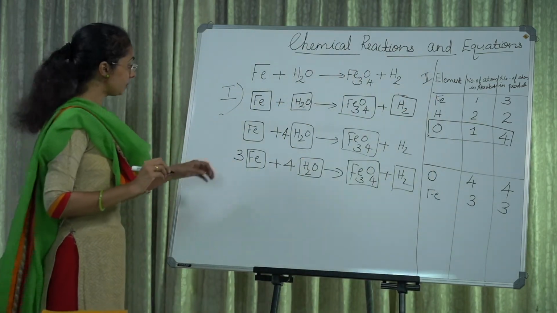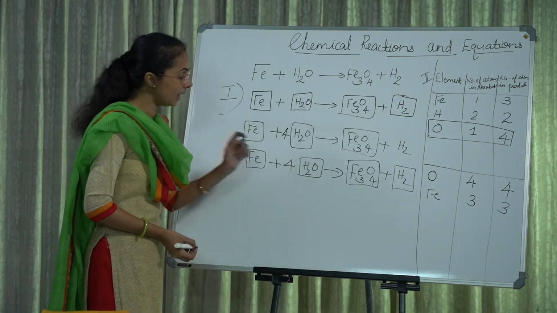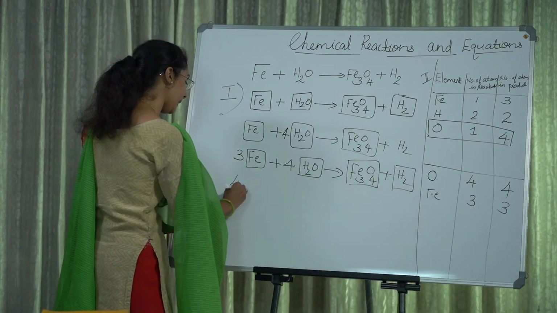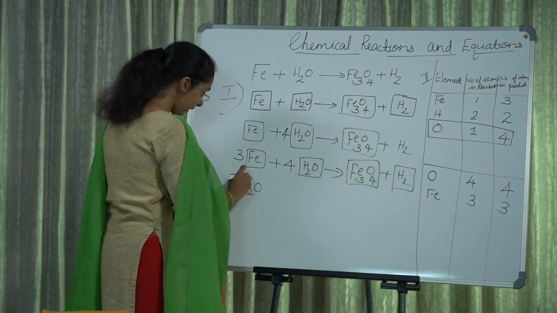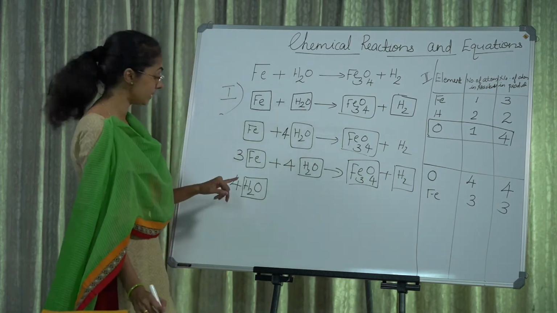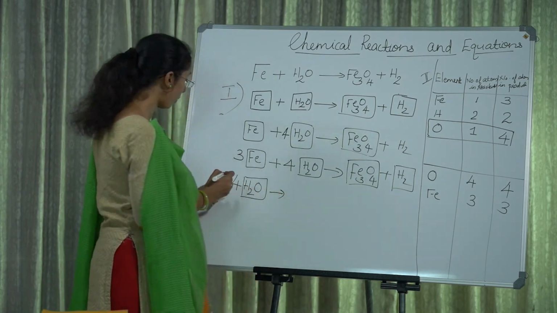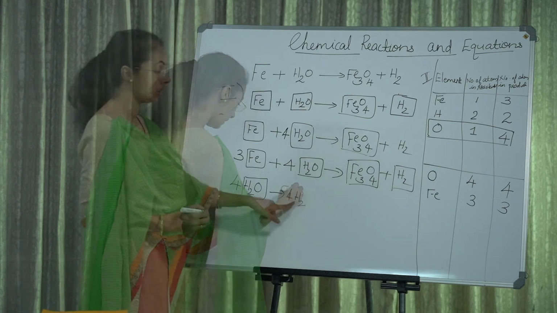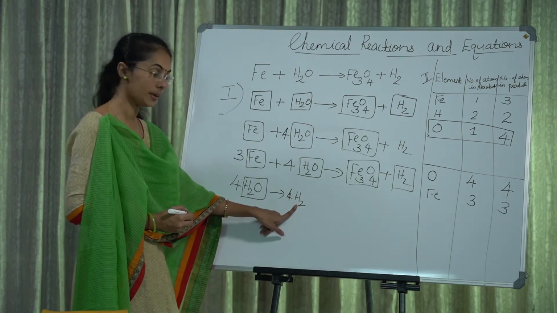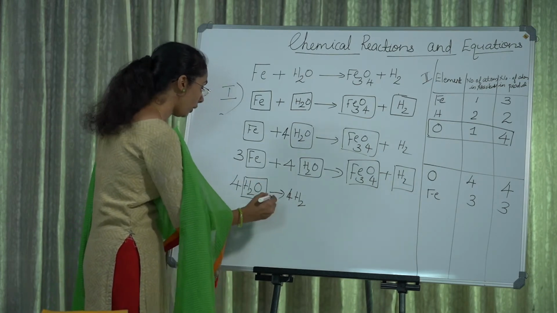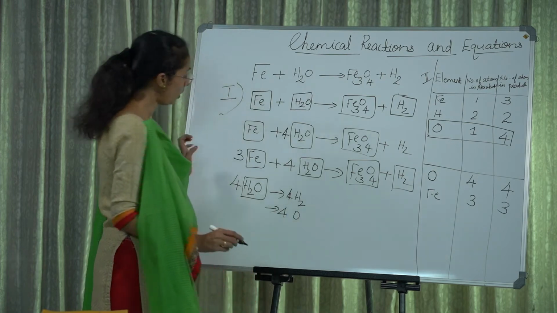Next one is H2. Here 4 H2O means this 4 is common for H2 and O. So 4 H2O means 8 hydrogen atoms. 8 hydrogen atoms. Then 4 O means 4 oxygen atoms.